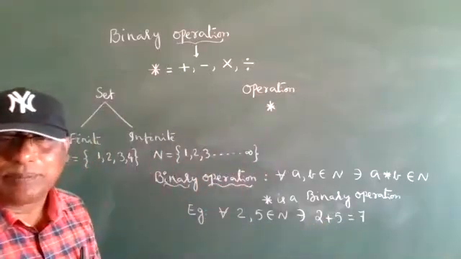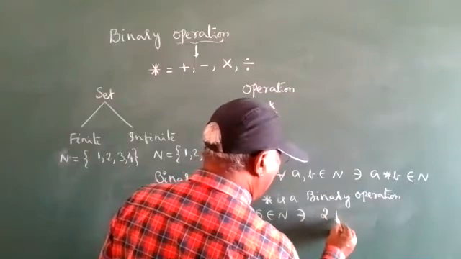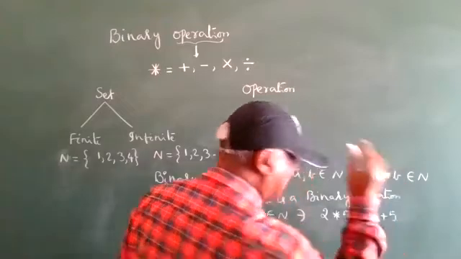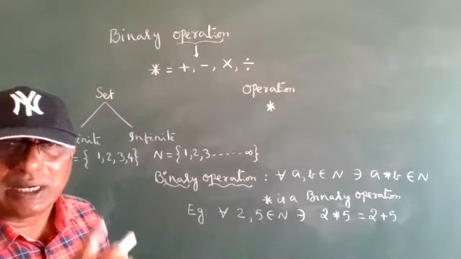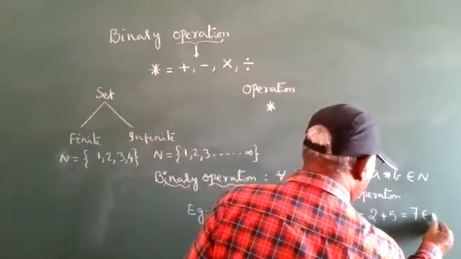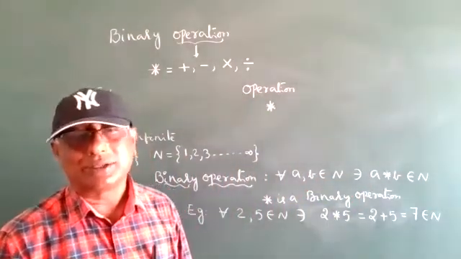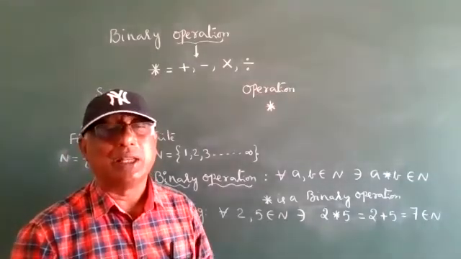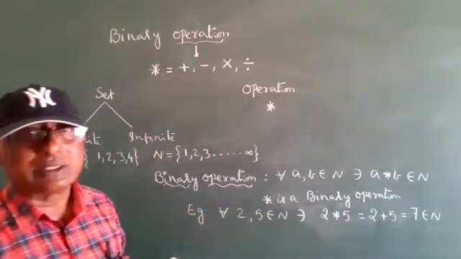Here plus is the binary operation; they will tell it in the problem only. The binary operation may be plus or minus or multiplication or division. We get 7, and 7 also belongs to the natural numbers. Therefore, star is a binary operation. If not belonging to the same set, then star is not a binary operation. Okay? So binary operation is clear, everyone.